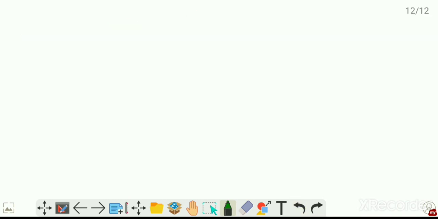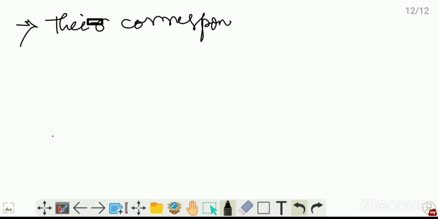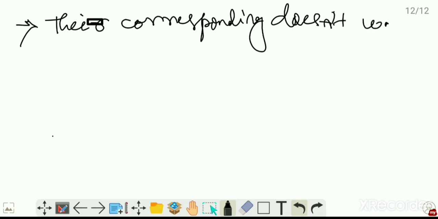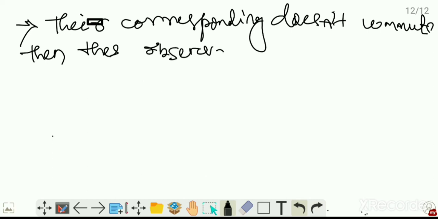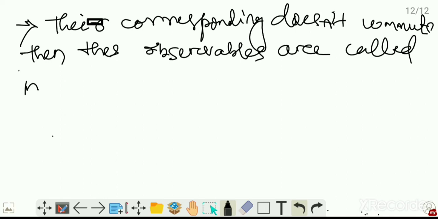ओके, नेक्स्ट पॉइंट क्या होता है? नेक्स्ट पॉइंट ये है कि अगर, that is, if their corresponding operators do not commute, then these observables are called incompatible.